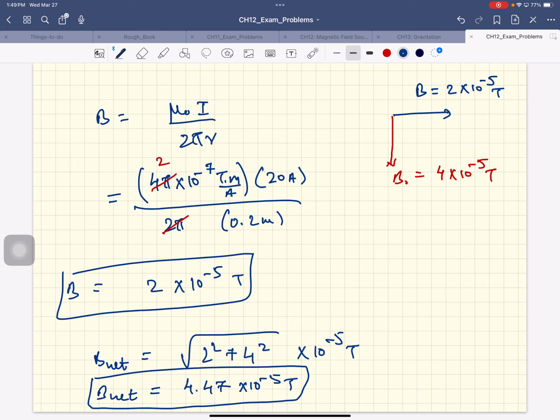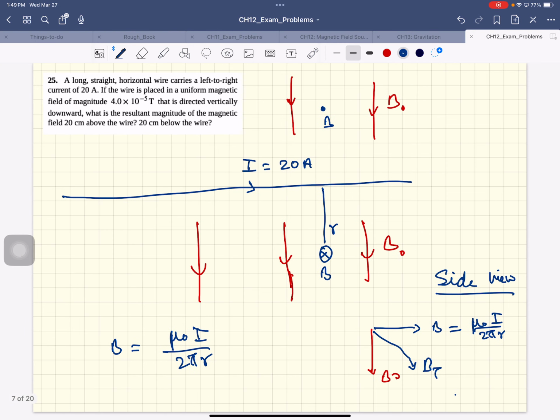All right, so let's look at the diagram. So this field goes in, there's the field. The net field would be into the sheet like that, not perpendicular to the sheet, and this field is coming out down, and that will come out at an angle from the sheet.